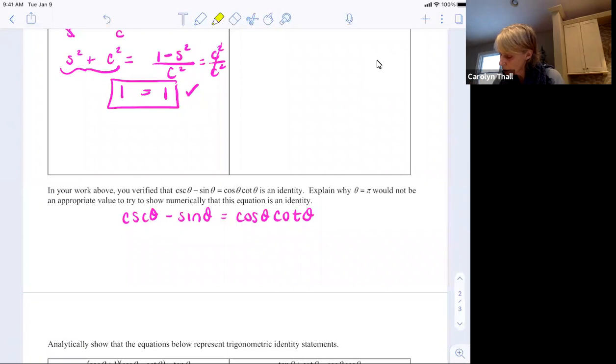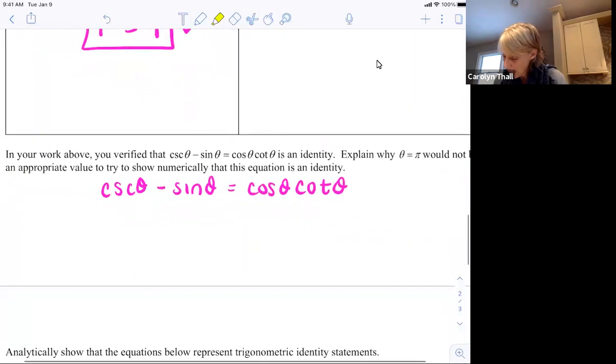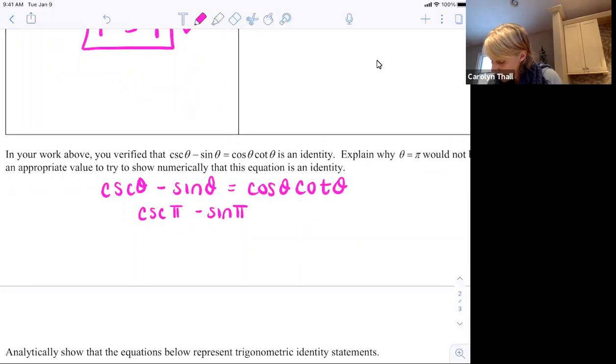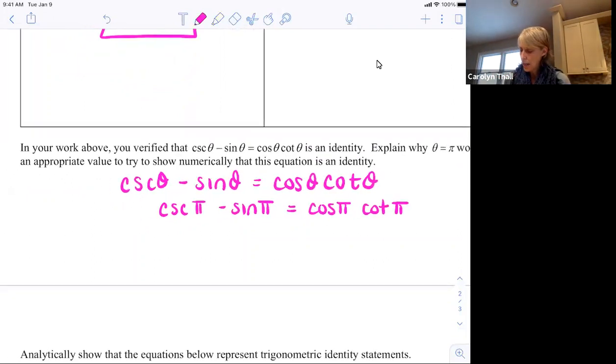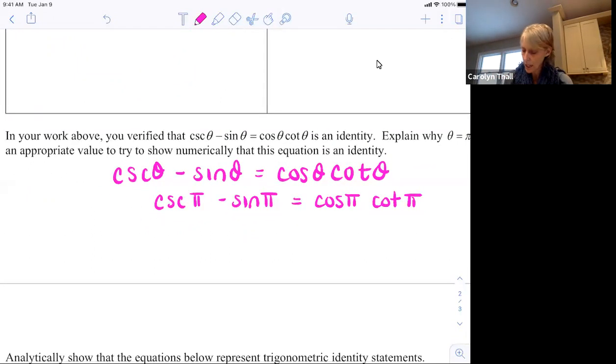So if we're going to plug in pi, I would have cosecant pi minus sine pi equals cosine pi cotangent pi. And since I have cosecants and cotangents, I'm probably going to work off my unit circle. Pi is this guy here. And I know my x value is my cosine and my y value is my sine.